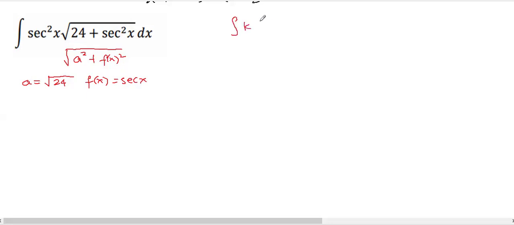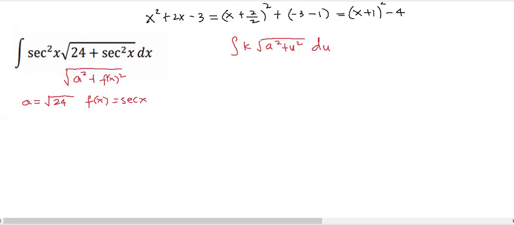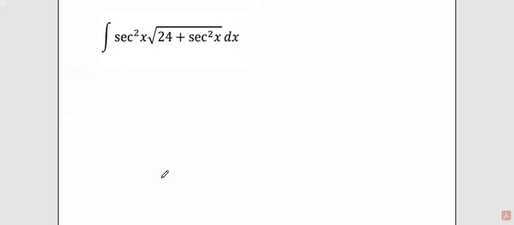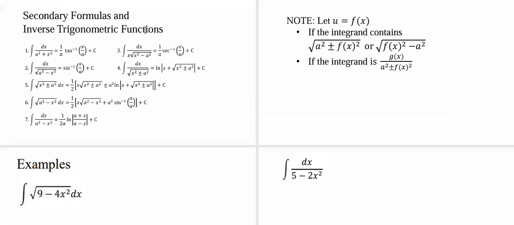So we're thinking of the integral of the square root of a squared plus u squared du. Kasi that's a formula, no? That is a formula. Ano yung formula na yan? Okay.